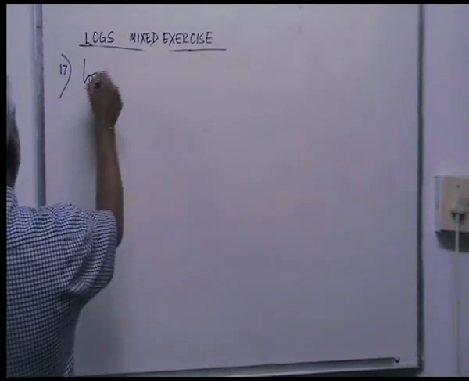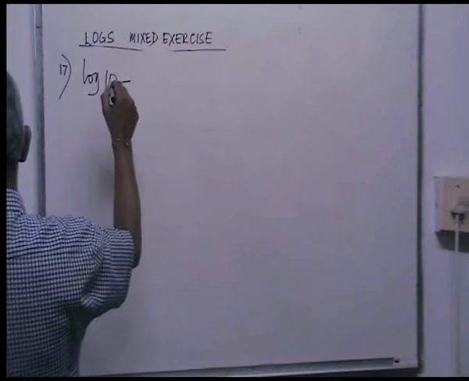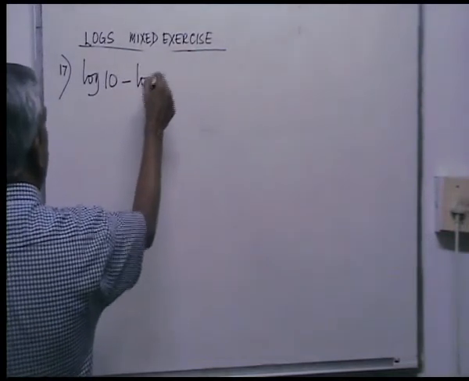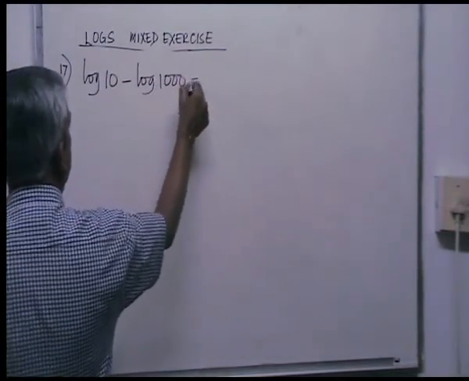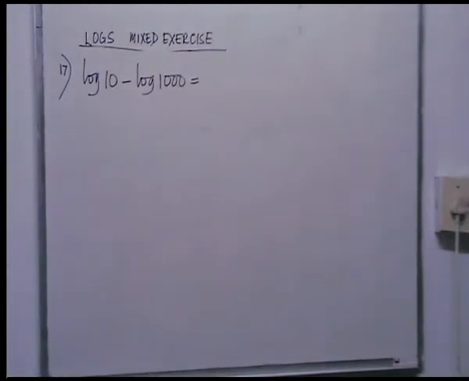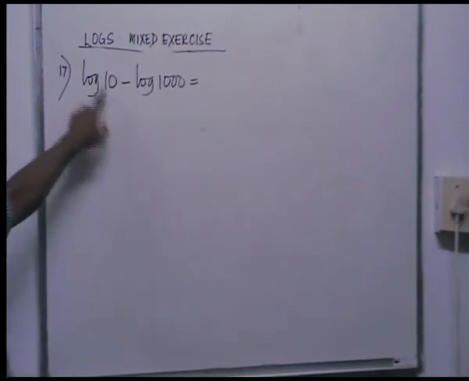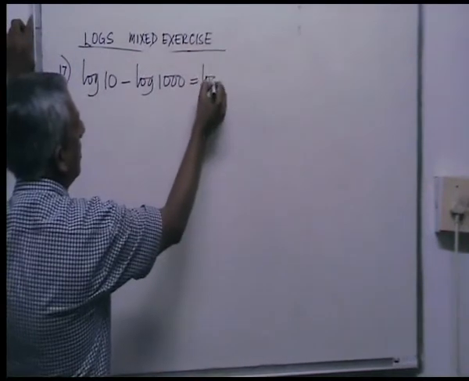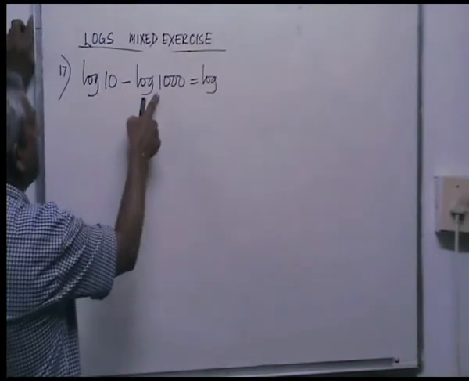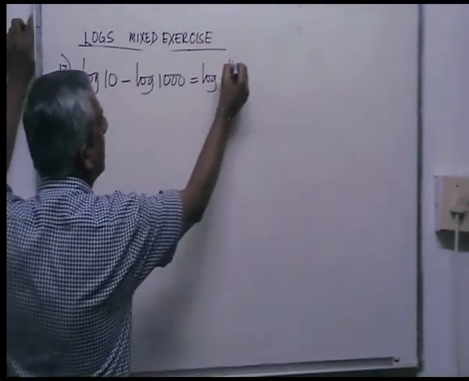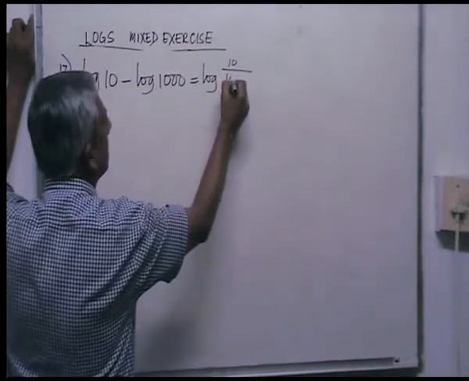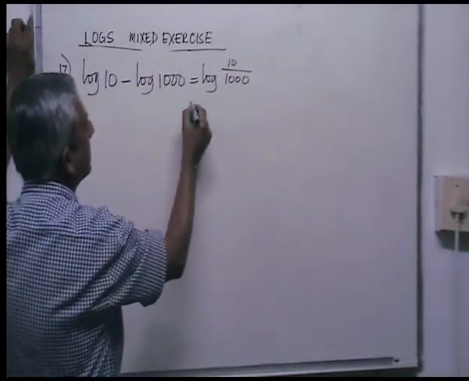In number 17 we have log of 10 minus log of 1000. Well, once again, you've got two choices. You can use common sense and get the answer. But let's say you wanted to use the law. There's a minus sign, bases are the same, therefore it will be log of 10 over 1000.